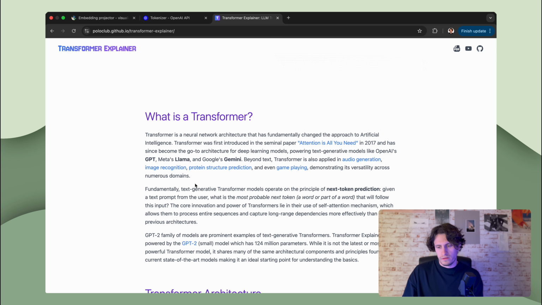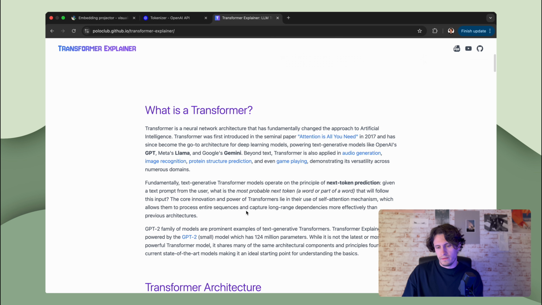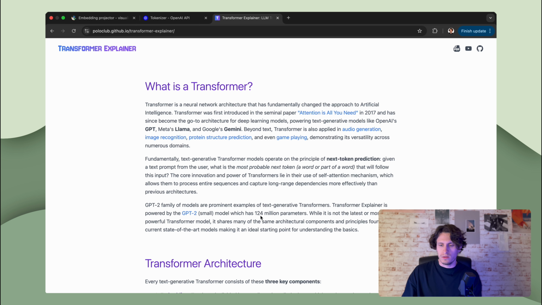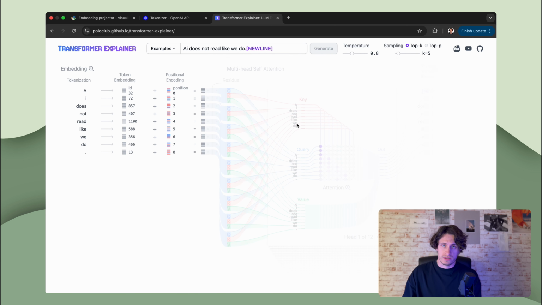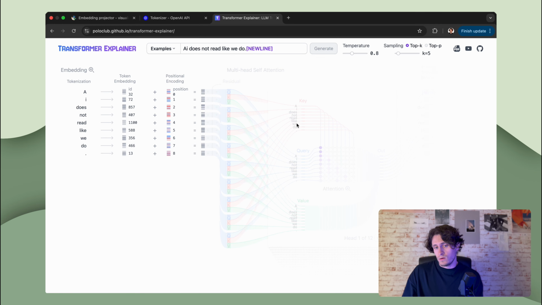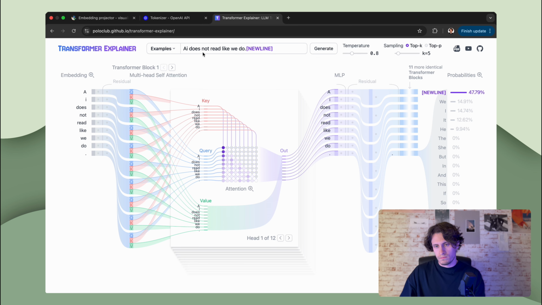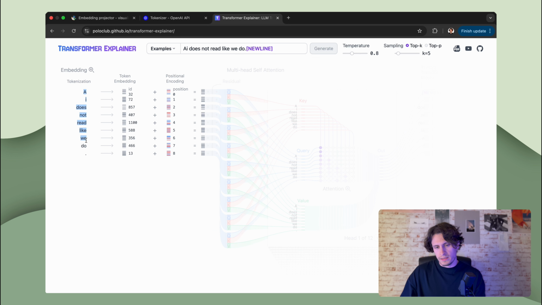I mean, it's not the latest one. It's pretty small, with only 124 million parameters, but the principle of the transformer architecture is the same. So, from my perspective, it's enough for demonstration purposes to understand how these embeddings and vectors work under the hood. So here we can see our input, how it was split into tokens.